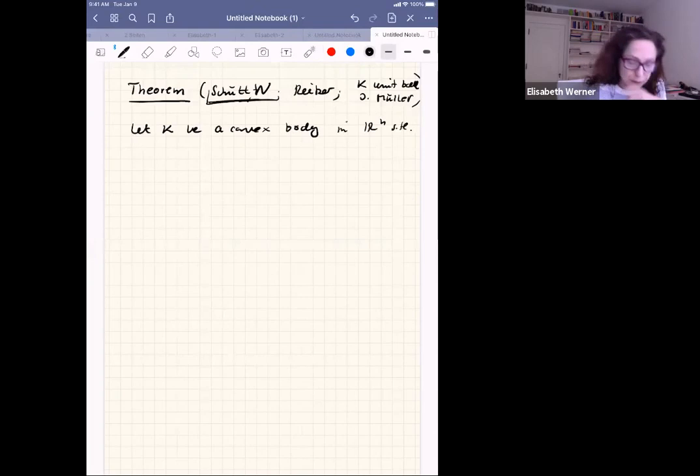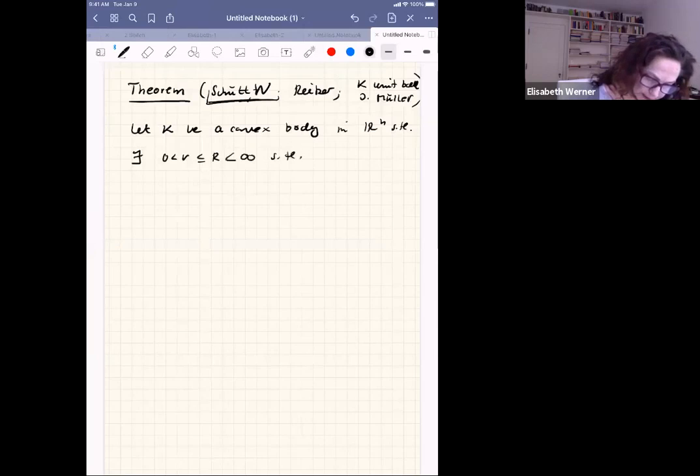They are not very strong, but some smoothness conditions are needed, such that there exists a small r and a capital R, so that the small r is strictly bigger than 0, smaller or equal than the capital R, smaller than infinity, such that for all x in the boundary of K, we'll have the following happening.